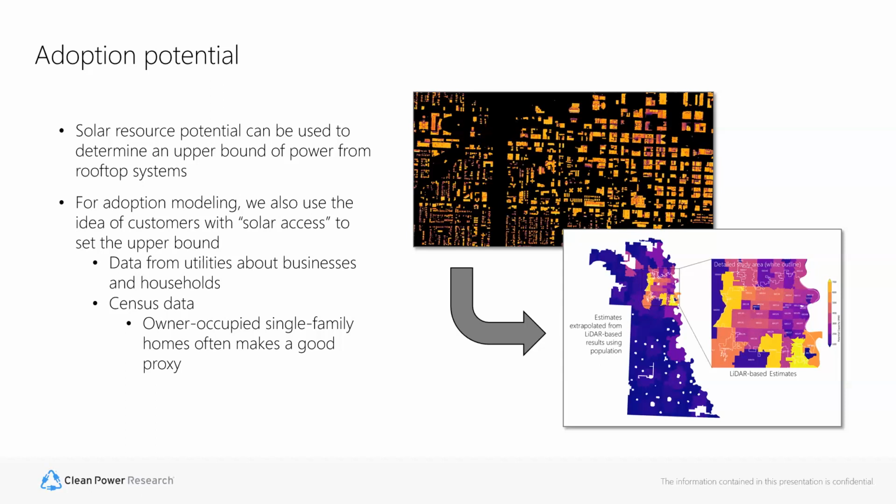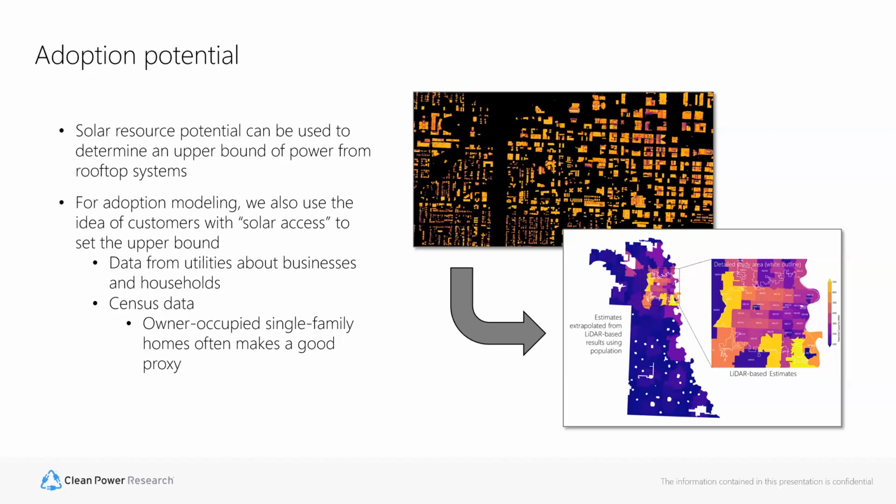But we also layer another thing onto that, which is that not all of these customers will have solar access. And so we use this idea of solar access to lower that bound even a little bit lower so that we're not over predicting. And so that data that we use for solar access either comes from utilities themselves.